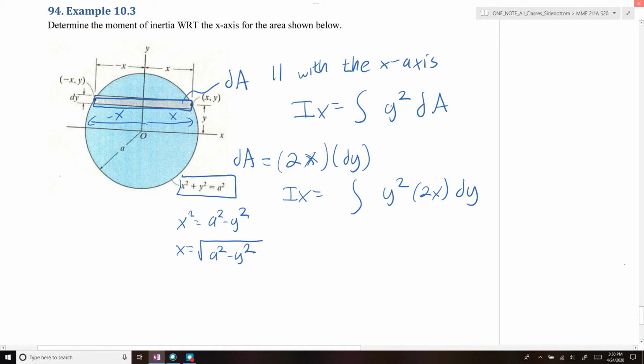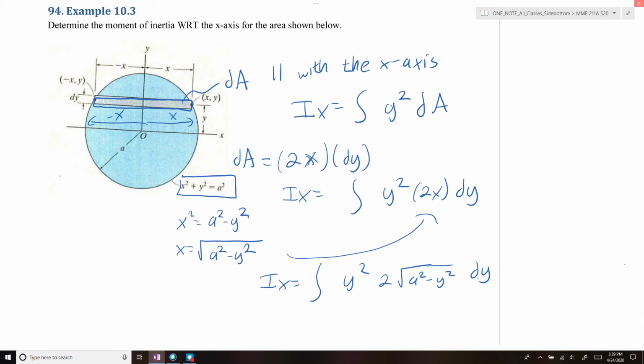Once we have that, we can plug it into our equation. I of x is equal to the integral of y squared times 2 times the square root of a squared minus y squared dy.